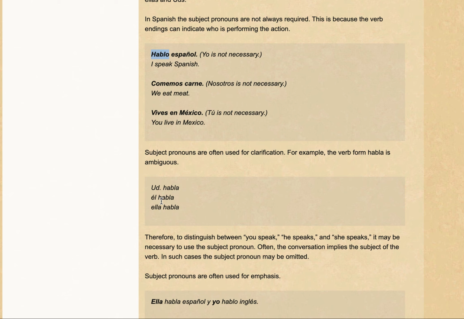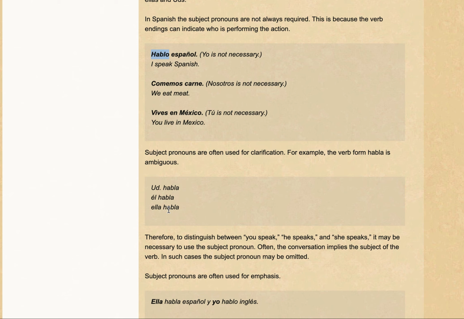Because both of them have the same rules, that you drop the ending and then add an a for ar verbs and e for er verbs, right? So if you just mention habla, you don't know if it's a he or a she, right? Because the rules are exactly the same. You add an a for ar verbs, you add an e for er verbs, right?